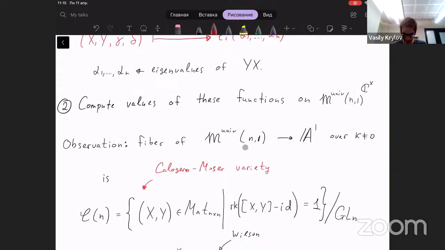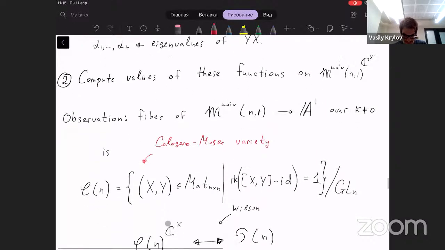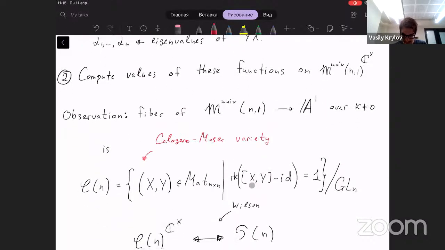The fiber of this family over any non-zero kappa is the so-called Calogero-Moser variety, which parameterizes pairs of matrices such that the rank of the commutator of x and y minus identity is equal to 1, modulo GL_n.